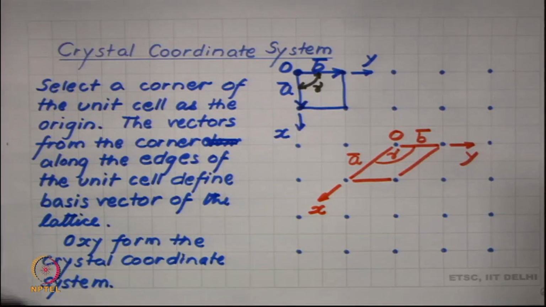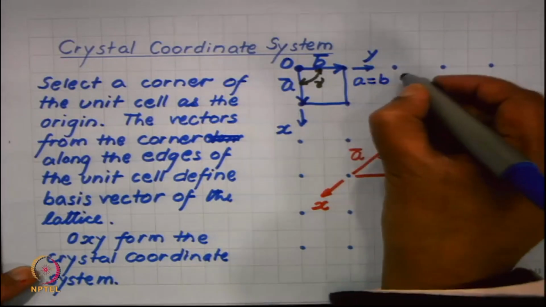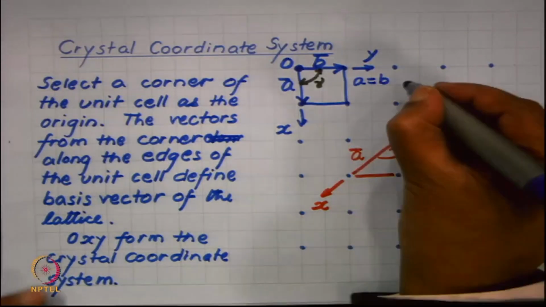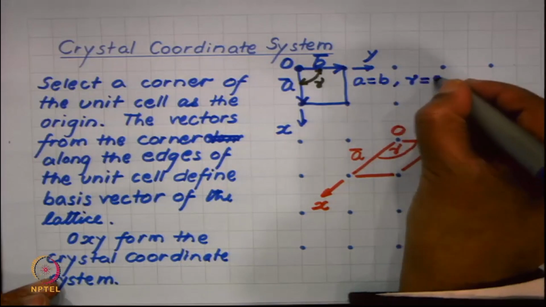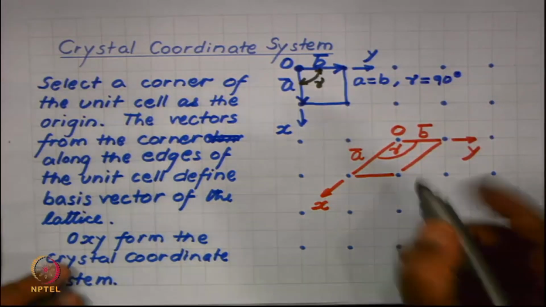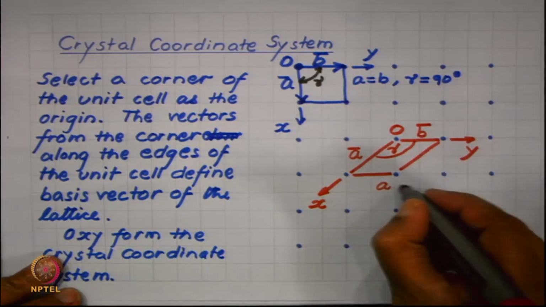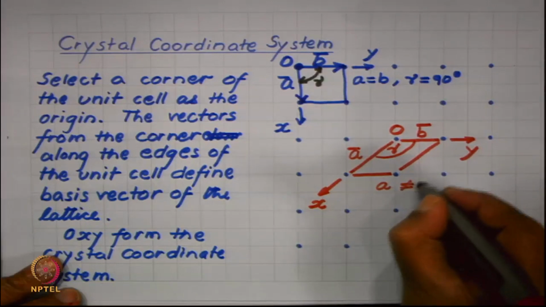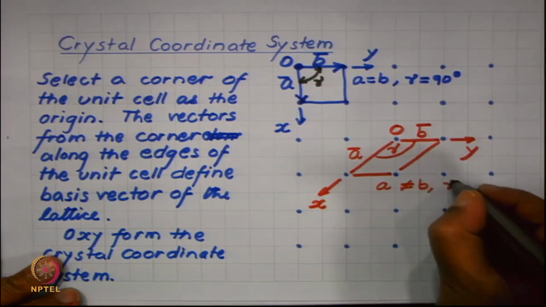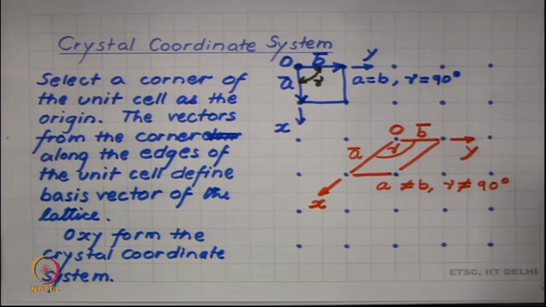In the earlier case, A was equal to B and gamma was 90 degree, but here for the same lattice I have now selected a different coordinate system where A is not equal to B and gamma is not equal to 90 degree.